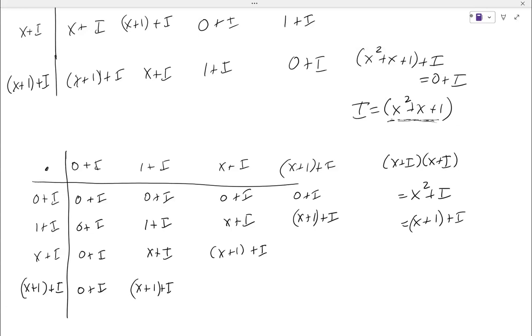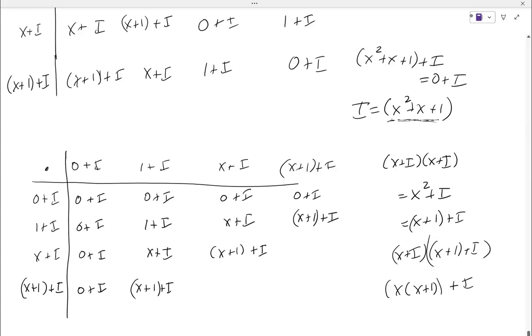If we do x plus I times x plus 1 plus I, again, we do this by multiplying coset representatives.